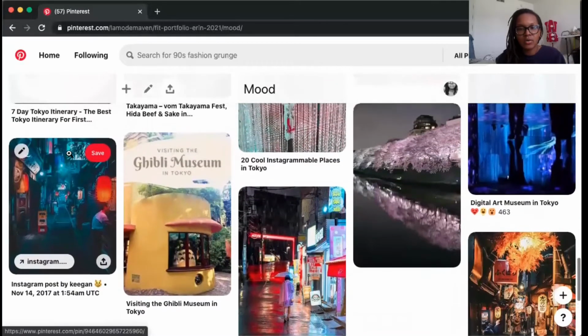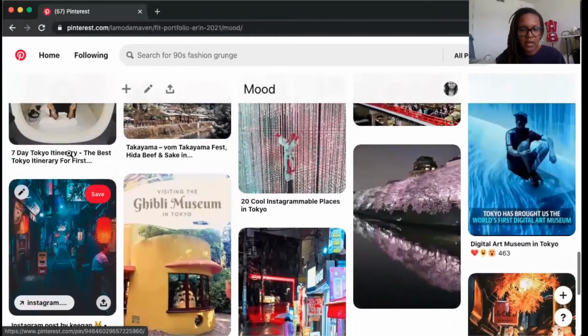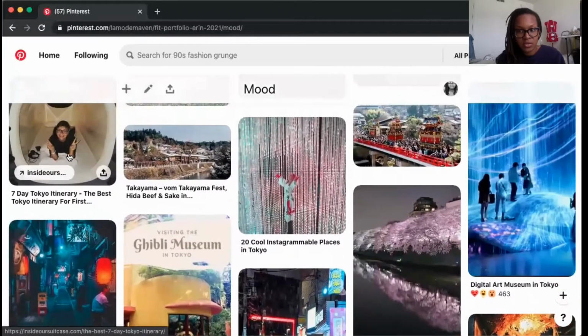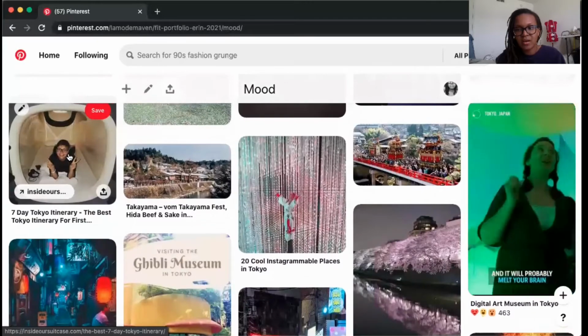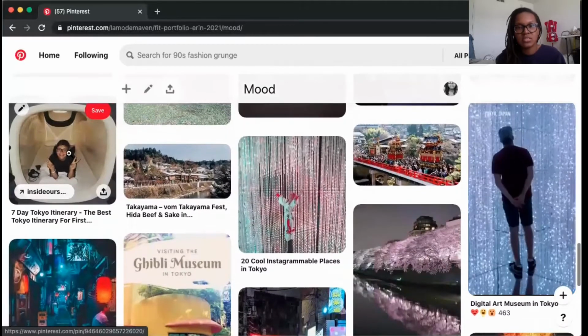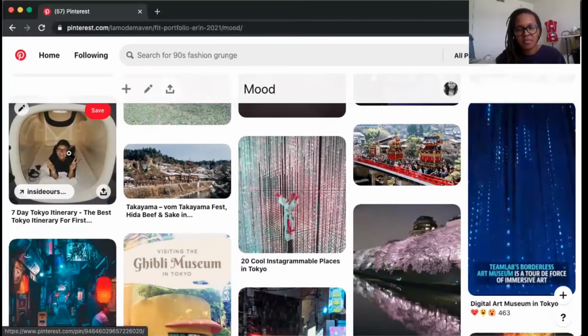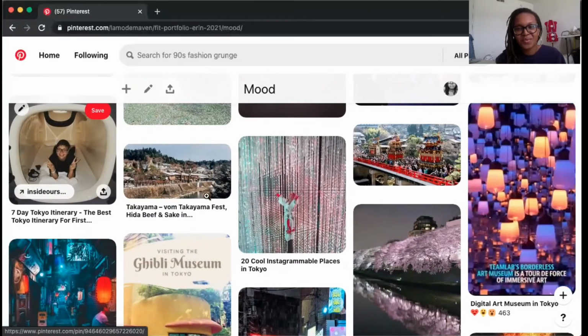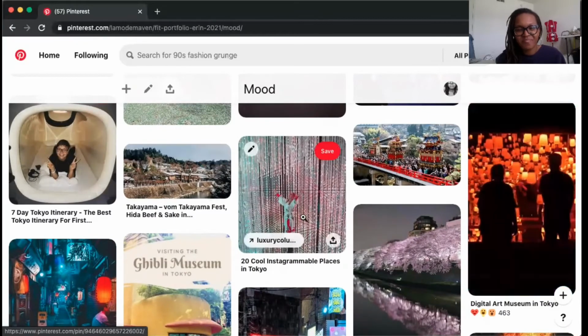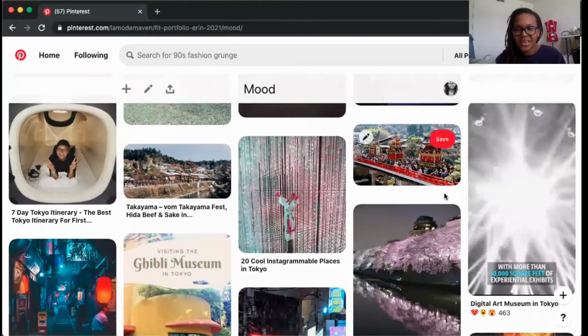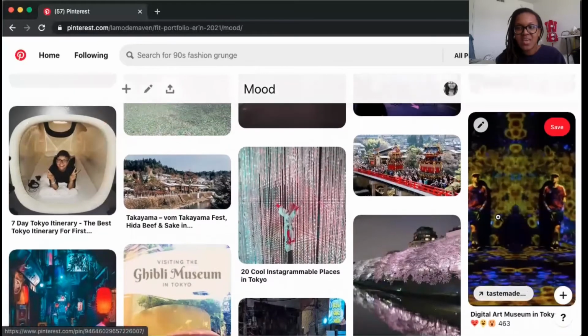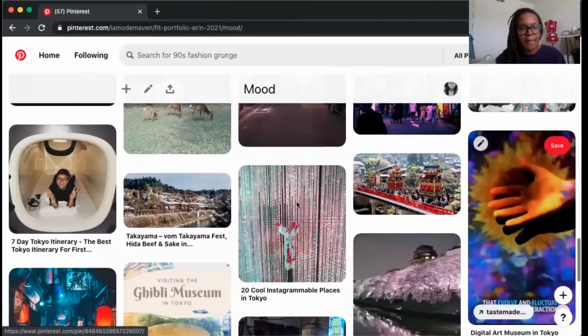So we've got your alleyways, and you've got your museums. The places that you must visit as a tourist in Japan. All of these really cool interactive museums, like interactive art, where you're pretty much in the art, which is really cool.